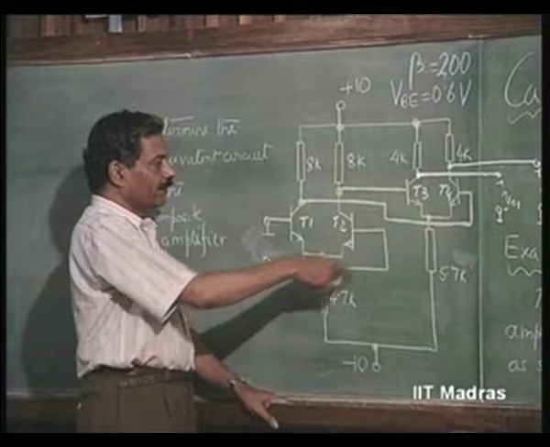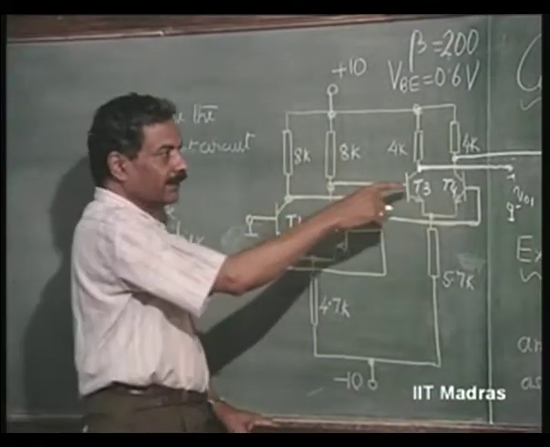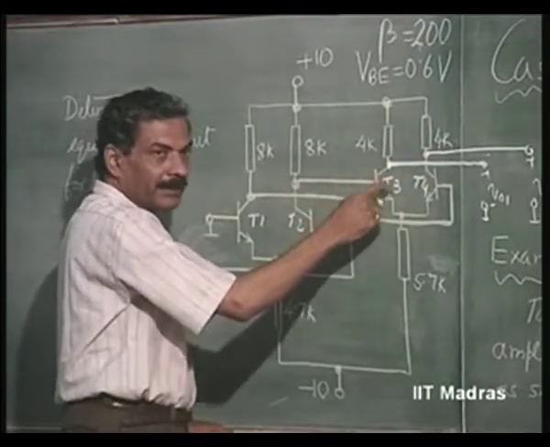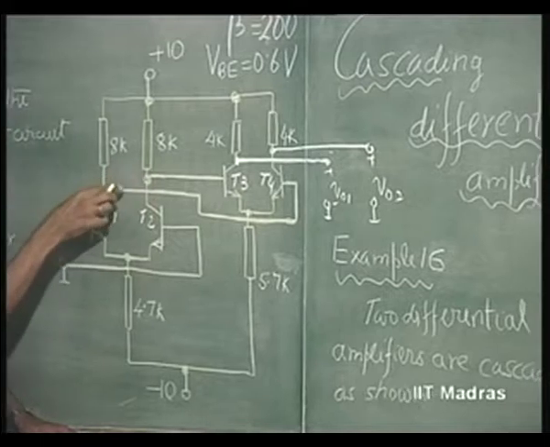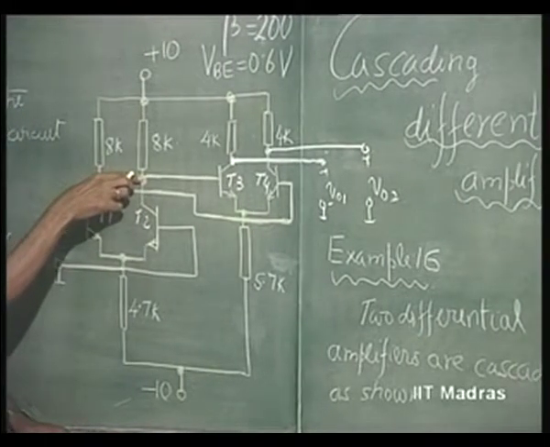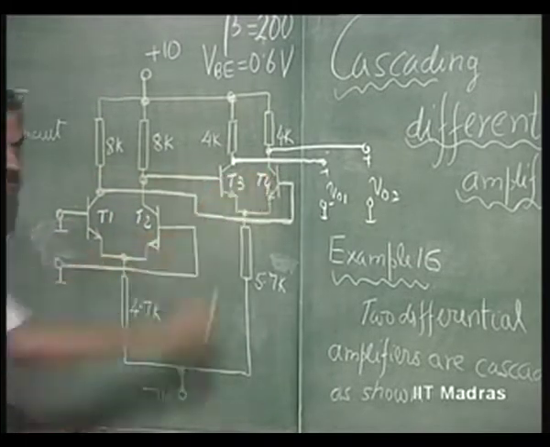So, a differential amplifier made up of the pair T1, T2 is cascaded to another differential amplifier made up of pair T3 and T4. Cascading means the output of this is, in this case, directly coupled to another differential amplifier input.